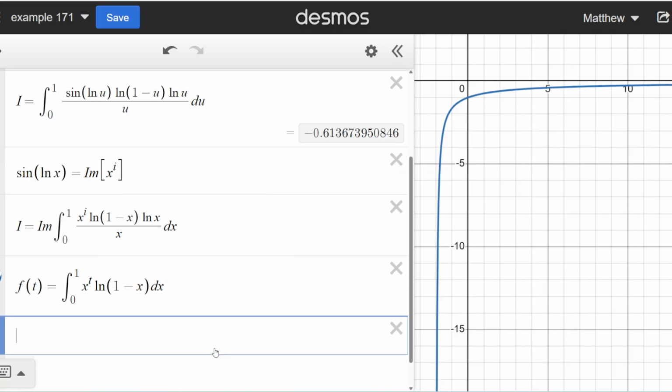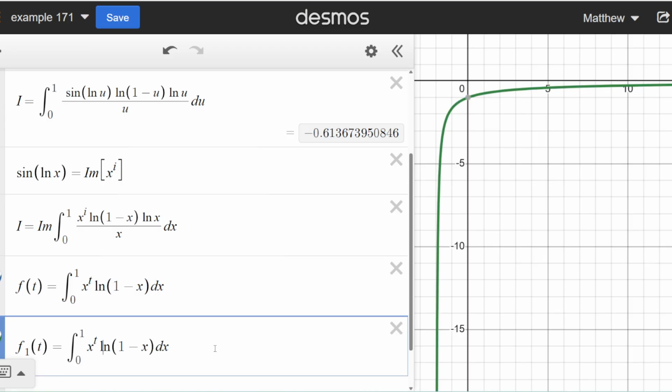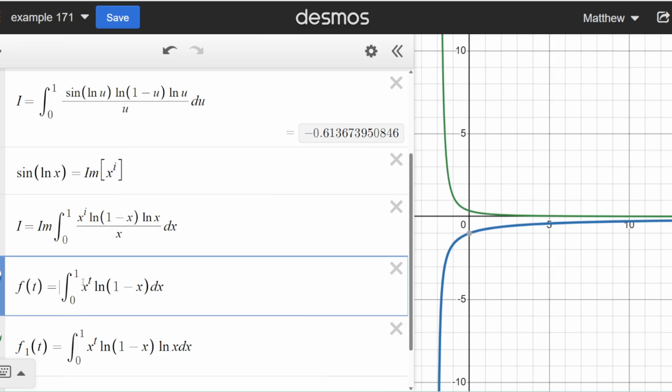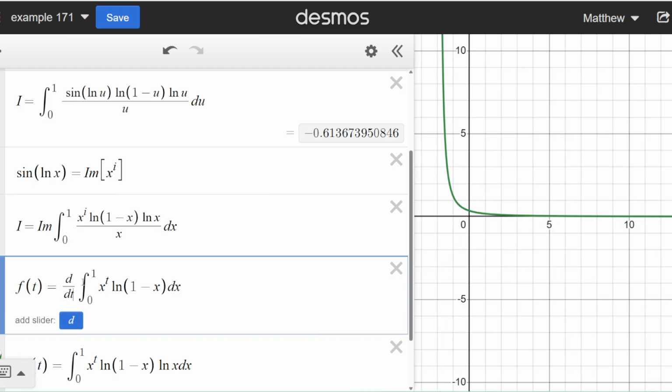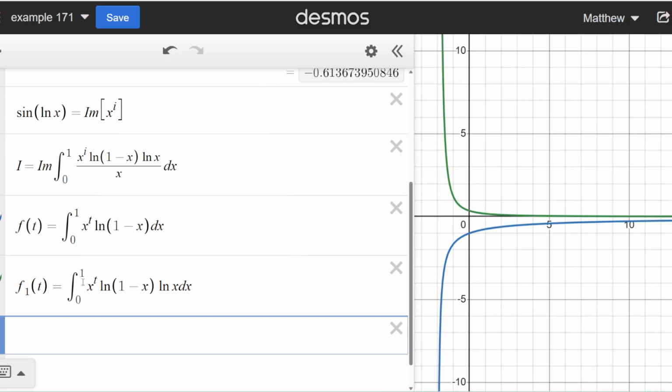Well, this means f prime of t is equal to the derivative with respect to t of this, that we can take directly by taking the partial with respect to t of the integrand. So all that's going to end up happening is we're just going to get a natural log x there. And just to make sure, I'll take the derivative directly in Desmos right there and make sure they match up, and they do.